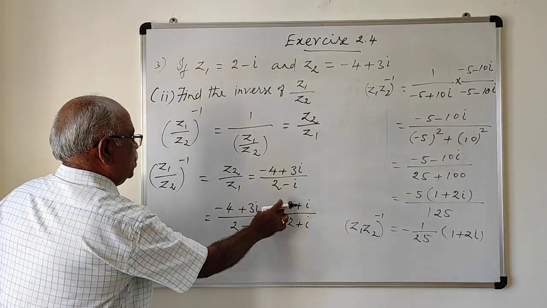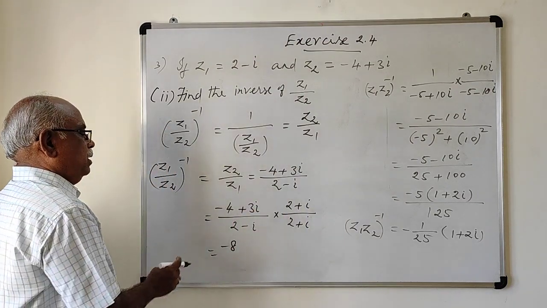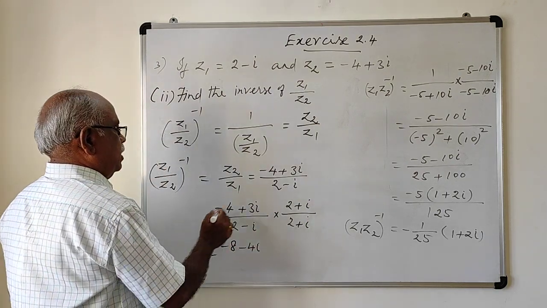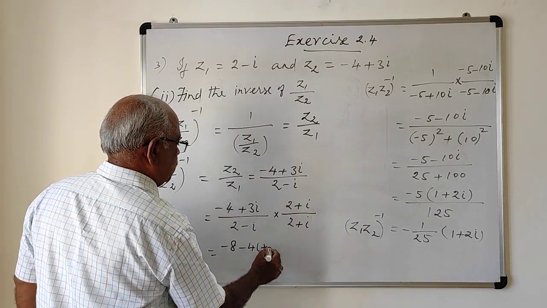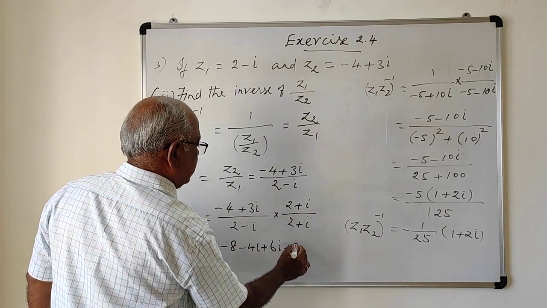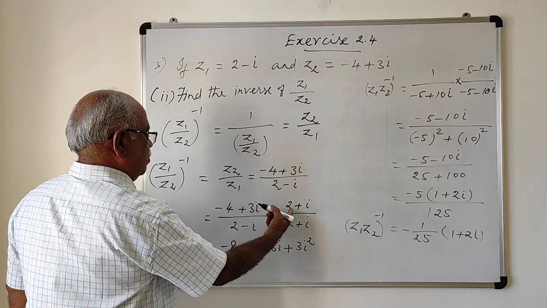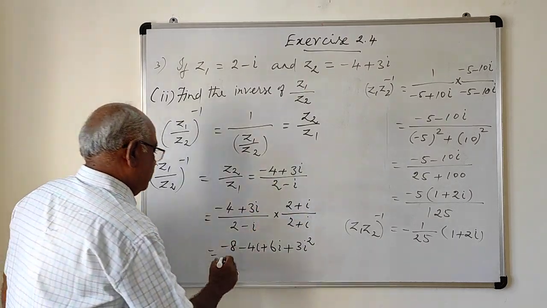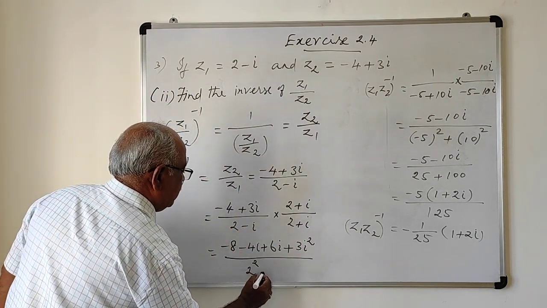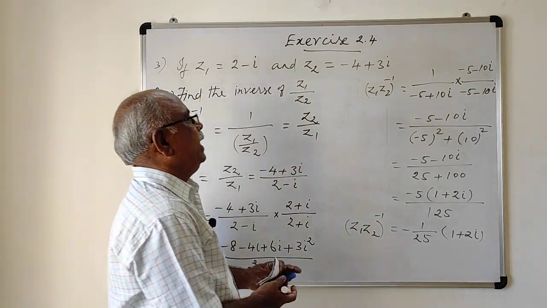It is again equal to 2 times minus 4 into 2 is minus 8, then minus 4 into i is minus 4i, plus 3i into 2 is 6i, plus 3i into i is 3i square, over a plus ib into a minus ib, that is 2 square plus 1 square.